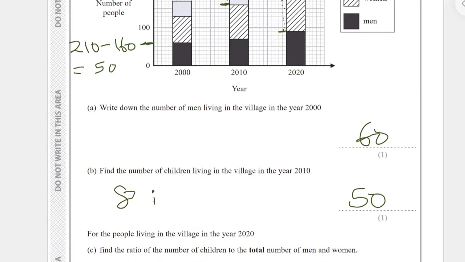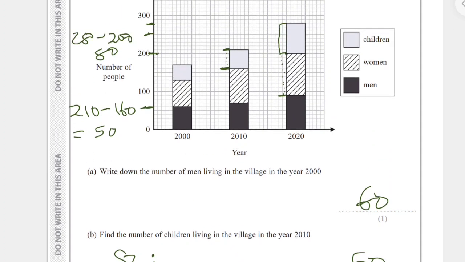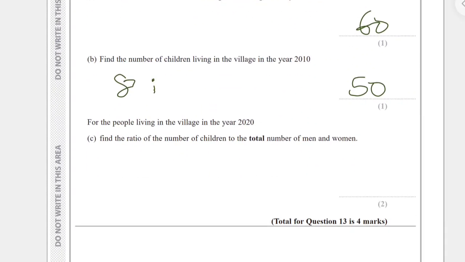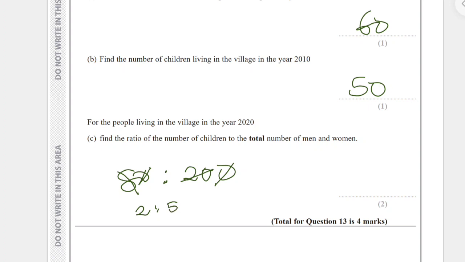The total number of men and women is all of this, which is 200. So that is 80 to 200, and we have to simplify that. Dividing by 40, we get 2 and 5. So the ratio is 2 to 5.